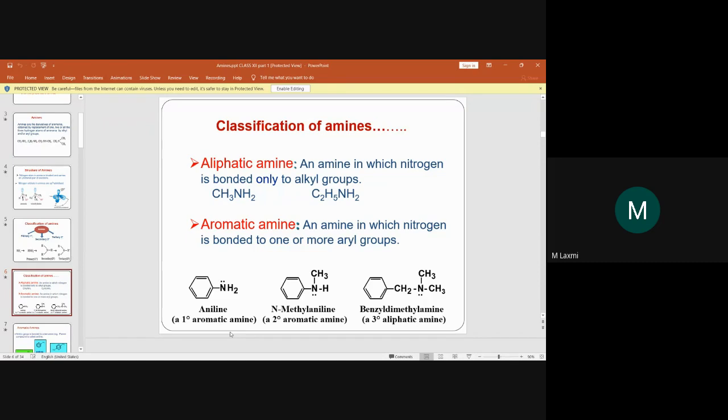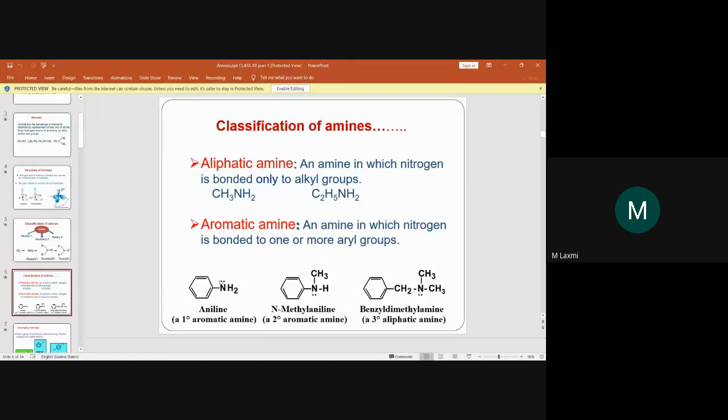Just as you have primary, secondary, and tertiary under aliphatic amine, similarly under aromatic amine you have primary aromatic amine and secondary aromatic amine, but tertiary will not be called aromatic, because under aromatic amine classification you cannot replace all three hydrogen atoms of ammonia by an aromatic ring. Only one R group will be an aromatic ring; the remaining two R groups will be aliphatic.